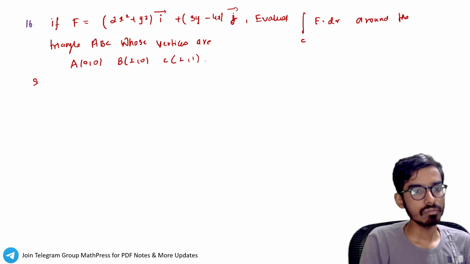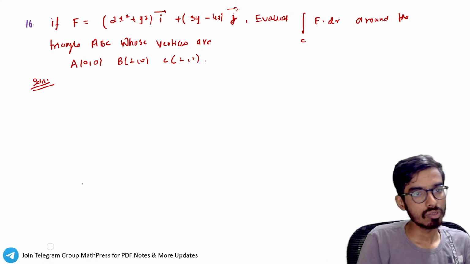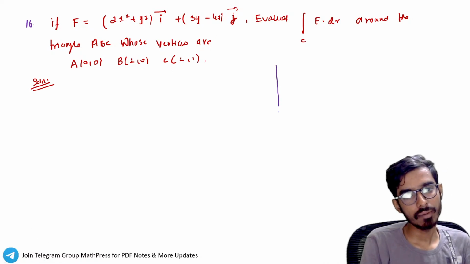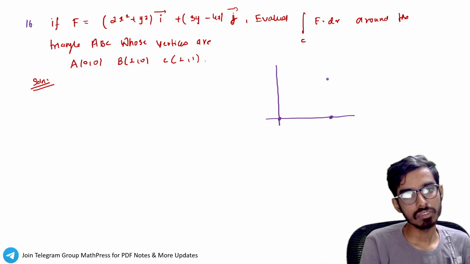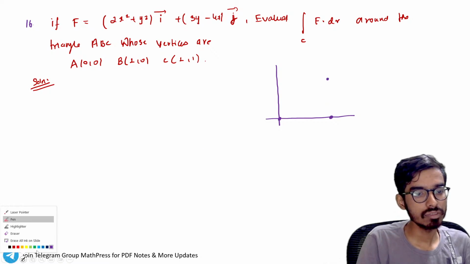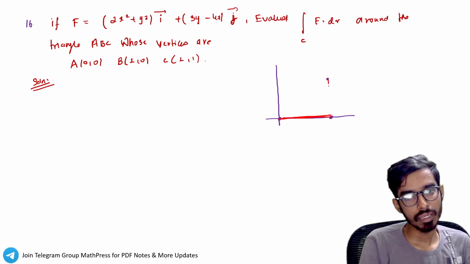Very simple problem, so don't panic by looking at the question. We need to evaluate the integral of F dot dr over a triangle. This point is 0, 0, this point is 2, 0, and this point is 2, 1. So this is I1, I2, and this is I3.